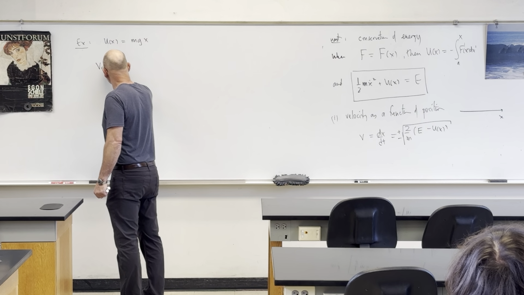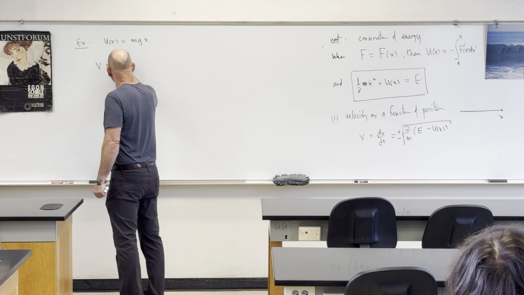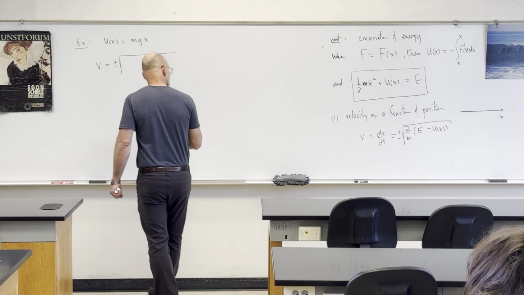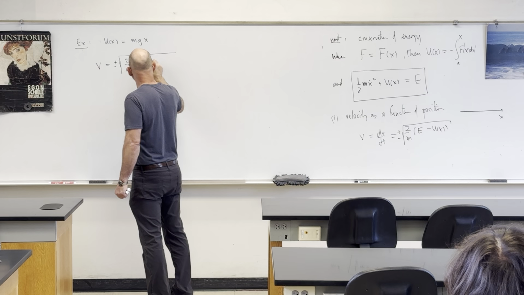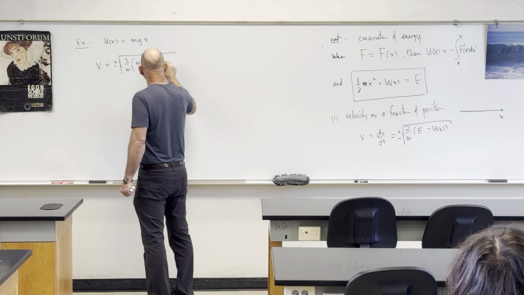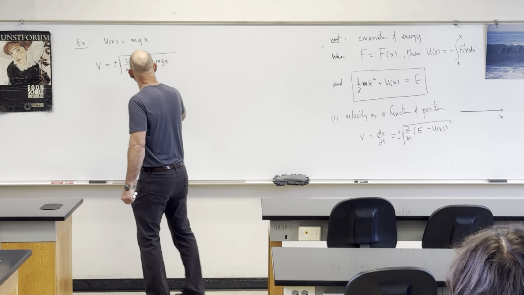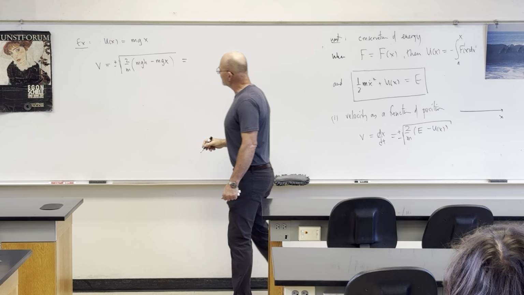Then we're going to go ahead and plug in here, plus or minus the square root of 2 over m. What we can do, for example, we need some constant for that energy. So we'll go ahead and do mgh minus mgx. That should simplify nicely.